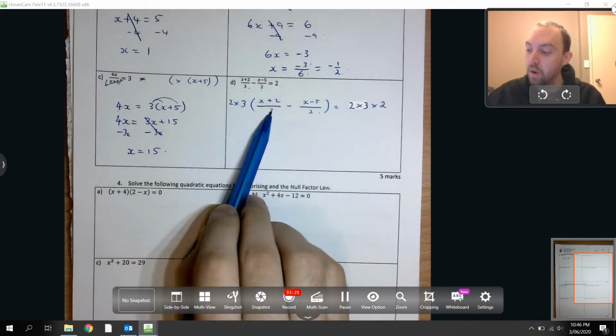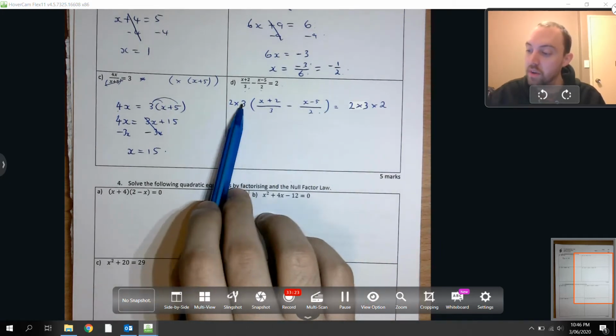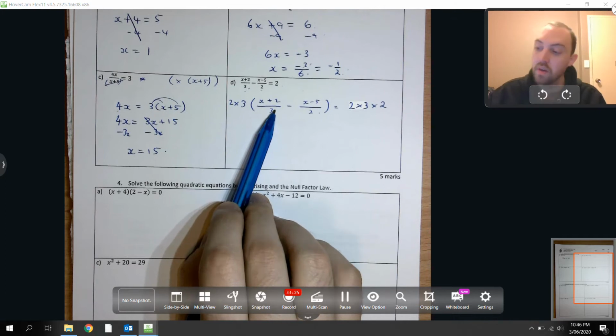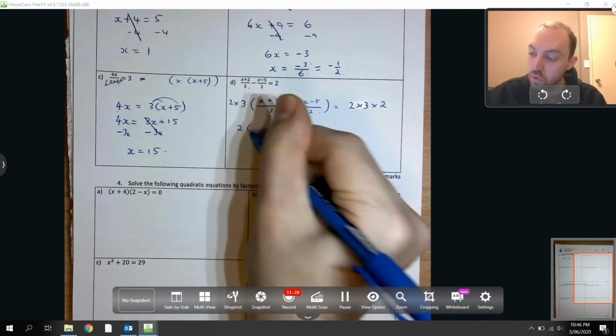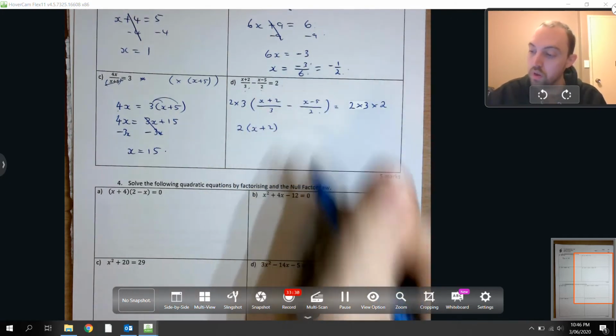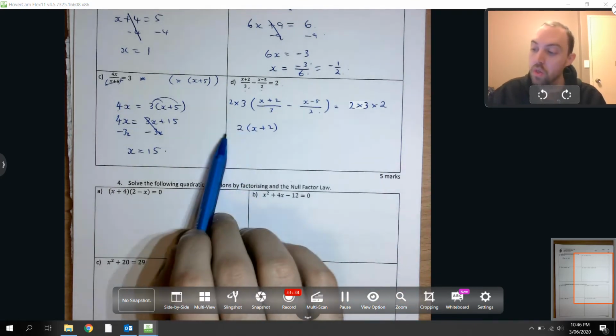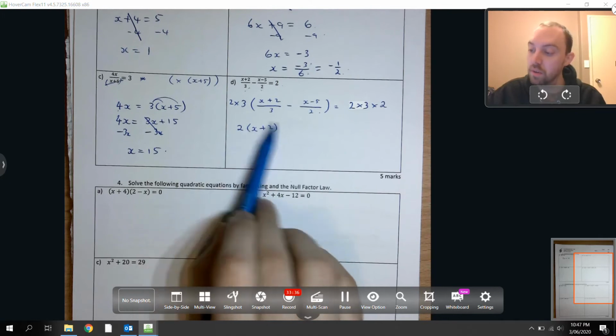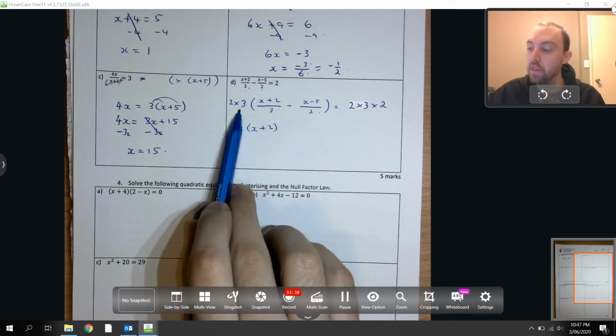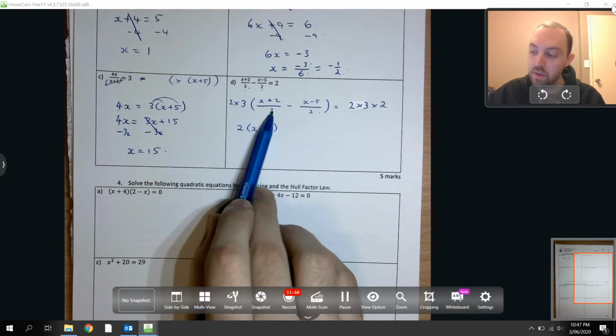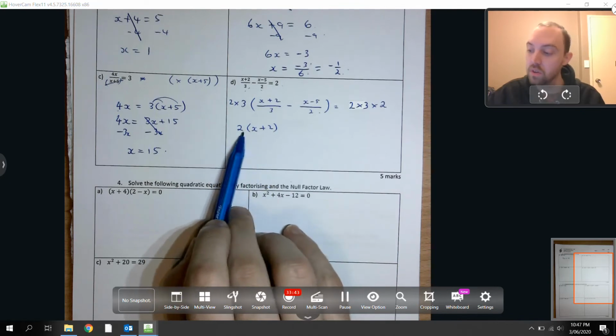But only some of these fractions are going to cancel out. 3 is going to cancel out with 3, which still leaves me with 2 lots of x plus 2 here. Alright, because I've done 3 times 2 times x plus 2, but the 3 and times by 3 divided by 3 are going to cancel, leaving just the 2.